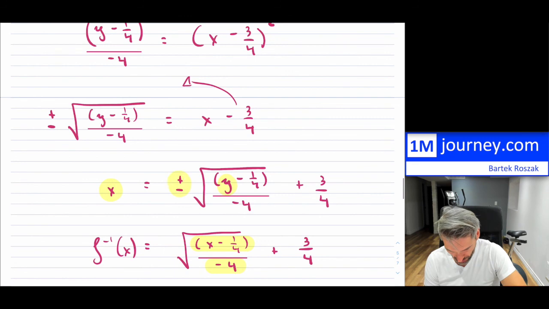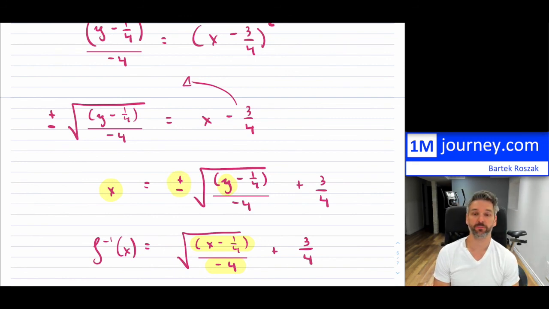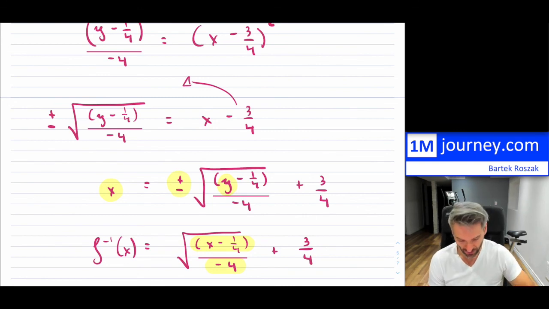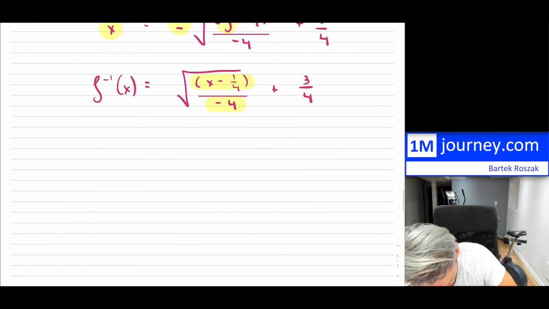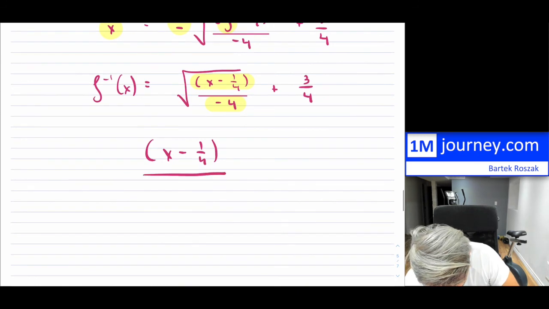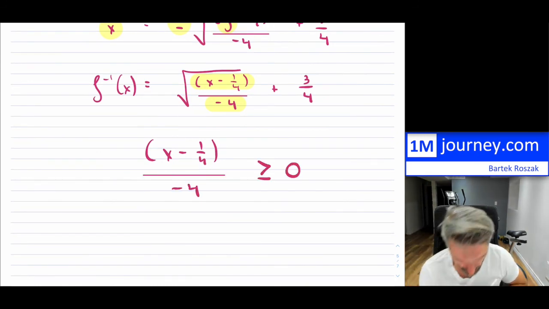This positive or negative, again, you're going to have to pick either one or the other. You can't pick both, because if you do, you will no longer have a function as your inverse. So just keep that in mind. And this, what I highlighted here in yellow, we would try to set that x minus 1 over 4, all over this negative 4, to be greater than or equal to 0.